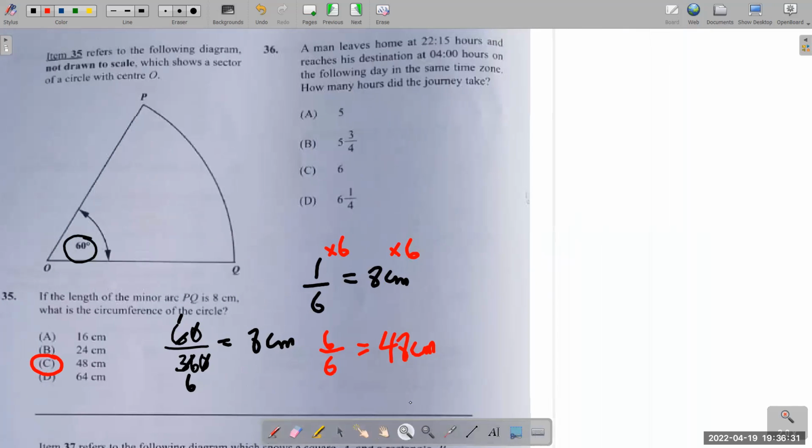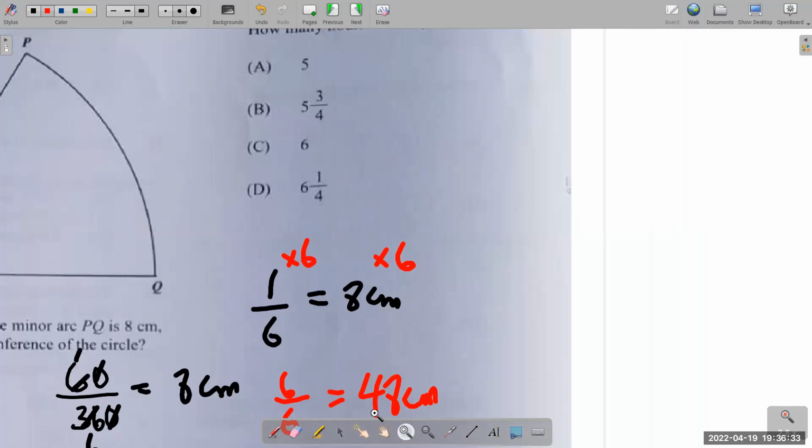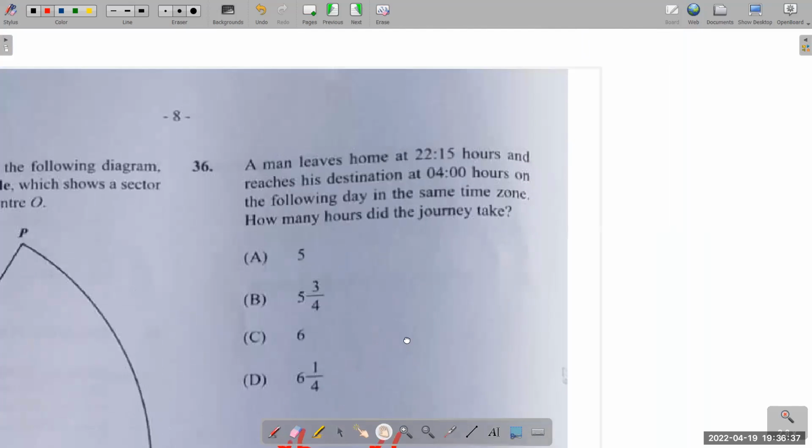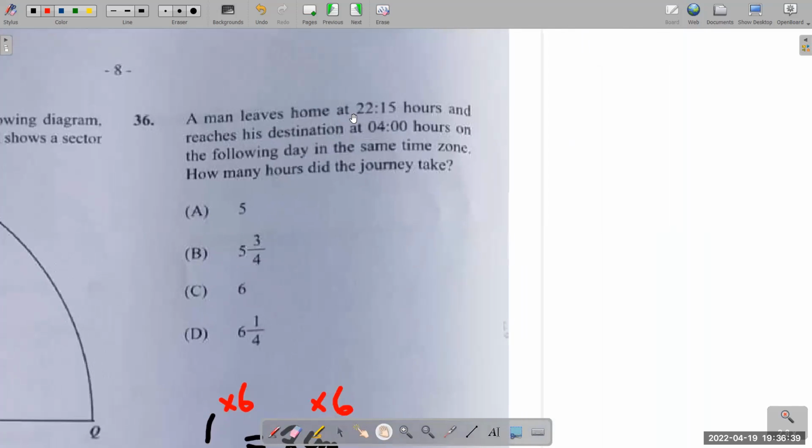All right, let's do this next one here. Sorry, this is measurement as well when it comes to time. A man leaves his home at 22:15. What time is this in 12 hours? What is the 12-hour time for this time here? What is 22:15?